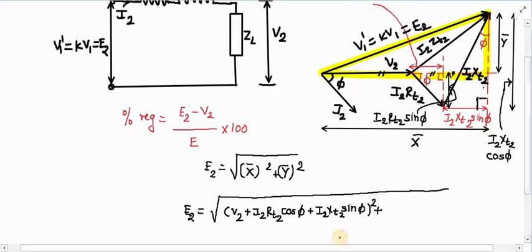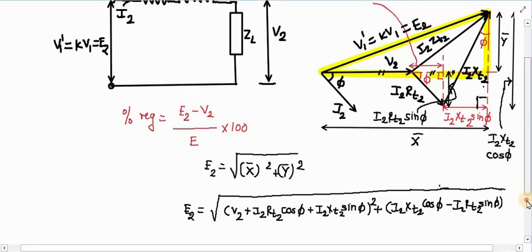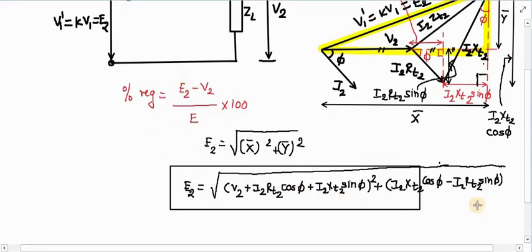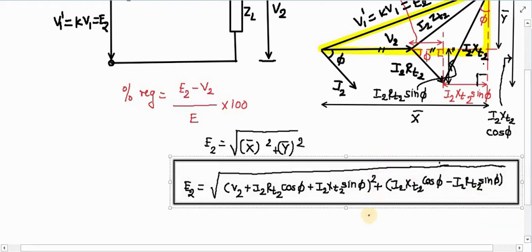So for the y component, I can write I2 XT2 cos of phi minus I2 RT2 sine of phi. Right? So this will be your formula for E2.